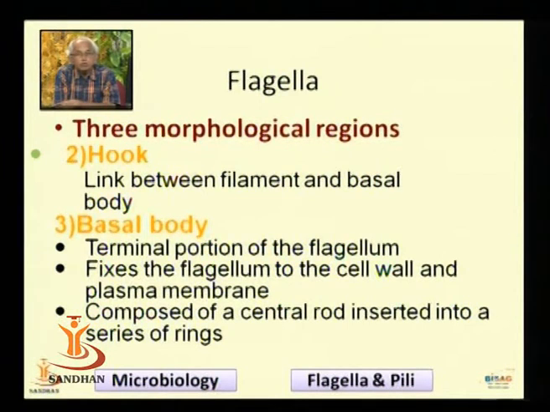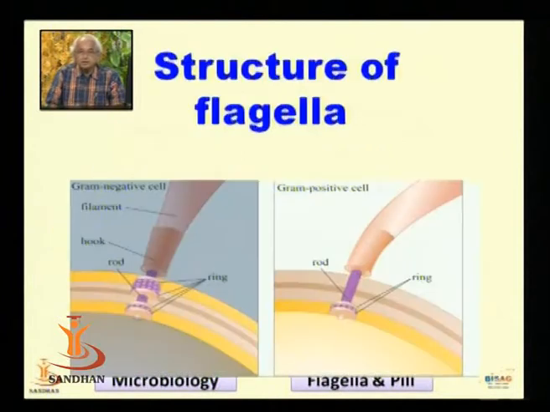Now the number of the discs is always dependent upon the kind of bacterial cell. If it is a gram positive cell, there are only 2 discs, and if it is a gram negative cell, there are 4 discs. We will be elaborating upon this looking at this diagram.